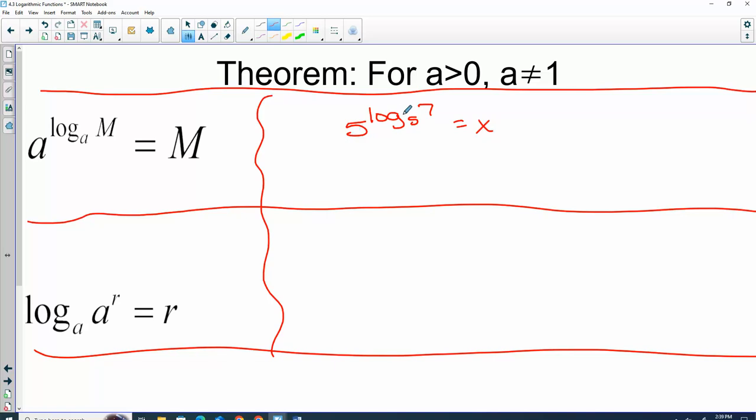Over here we have an exponential. We can change an exponential into a log. The base of the log is the base of the exponential. The log base 5 of x equals my exponent, which is log base 5 of 7. There's a log on each side, so they essentially can drop out, so that tells me the x is equal to 7. So that's why we can say if we have a 5 and a log base 5, because the exponential and the log are inverses, they cancel each other out. And all we're going to get back is our argument.